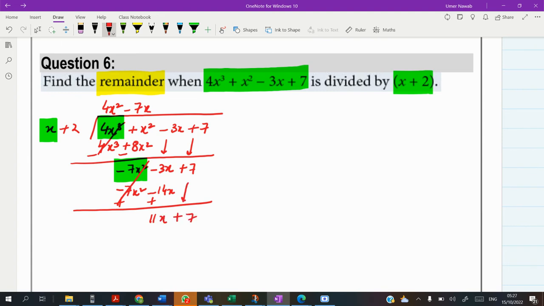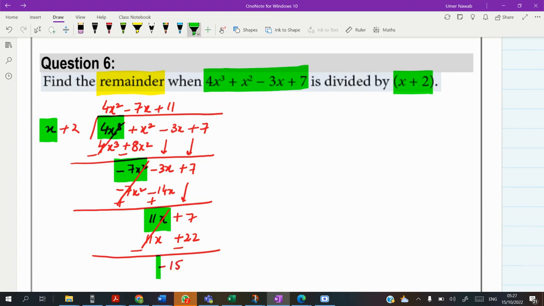Copy plus 7 down. Now 11x divided by x leaves you 11. I'm going to write it in the quotient area. So 11x plus 22. Change the signs. And 7 minus 22 will give you minus 15.